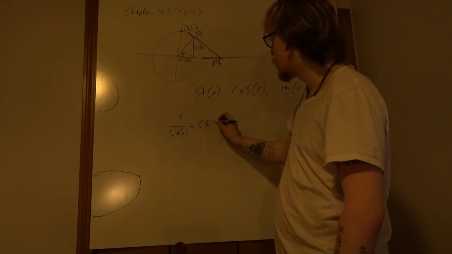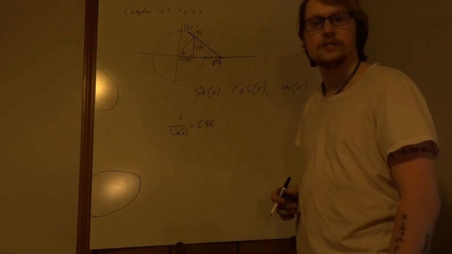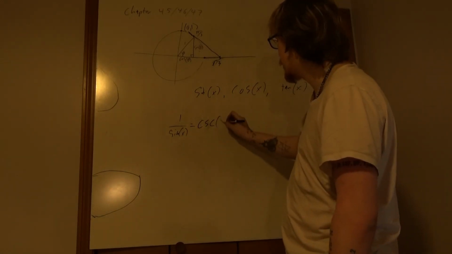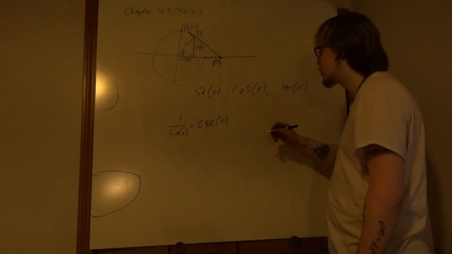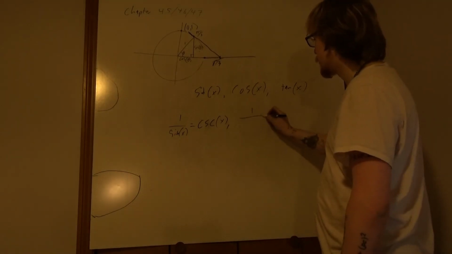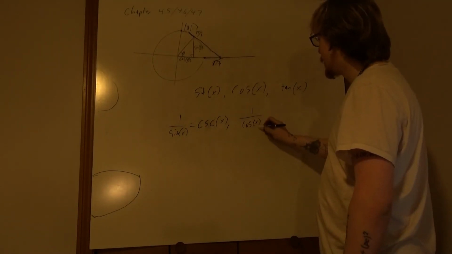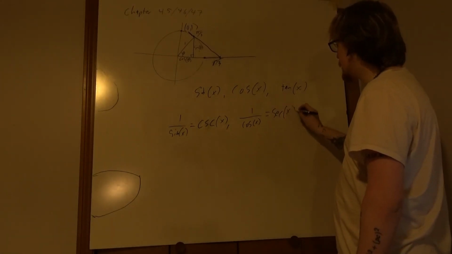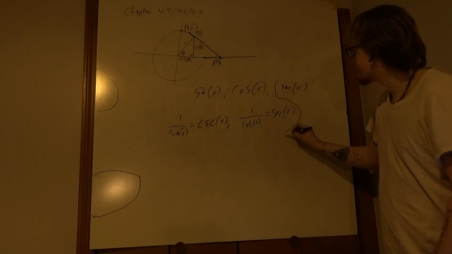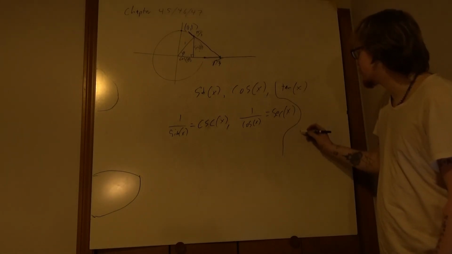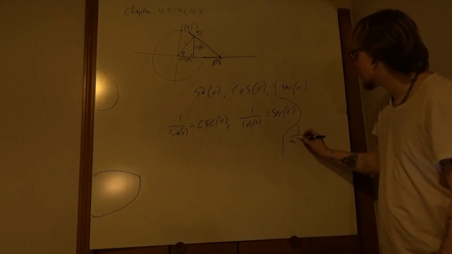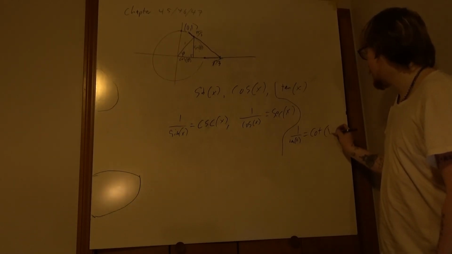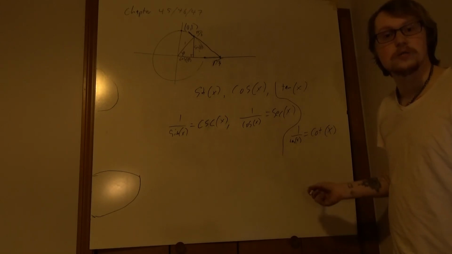CSC is the abbreviation for cosecant that you'll find on a calculator, in notes and textbooks all over the place. The next one is 1 over cosine, which is called secant, abbreviated as SEC. And then the reciprocal of tangent is 1 over tan x, and this is called cotangent of x, abbreviated COT.